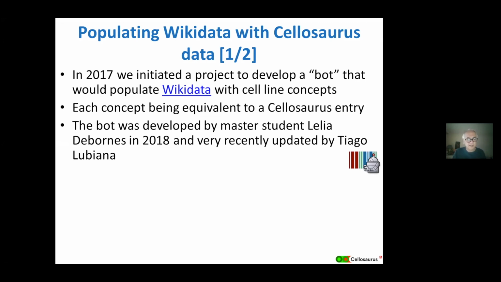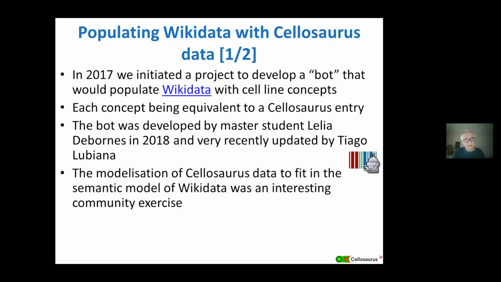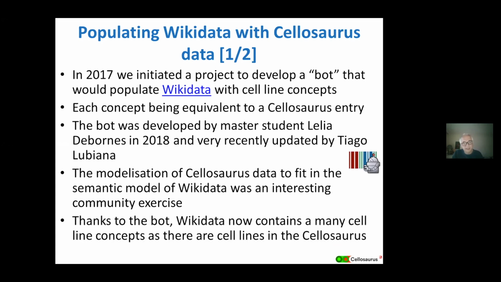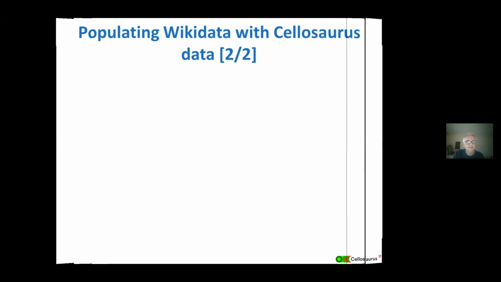It takes Cellosaurus data and tries to fit it to the semantic model of Wikidata. There are in Wikidata as many cell line concepts as there are cell lines in Cellosaurus. In fact, Tiago just emailed me a few hours ago telling me he's going to run it on release 37, which was released a few months ago, to update the data on Wikidata.